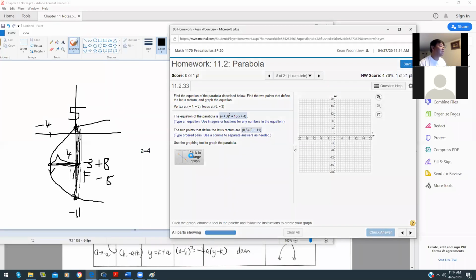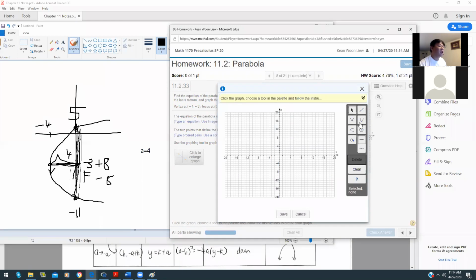So how do you graph this? Firstly, you have to draw a parabola, but this parabola opens sideways, so horizontal. The first thing, if you look at this question, they want you to graph the vertex. In this case, your vertex is at (-4, -3). So this is your vertex.